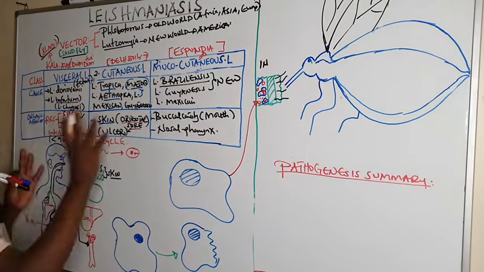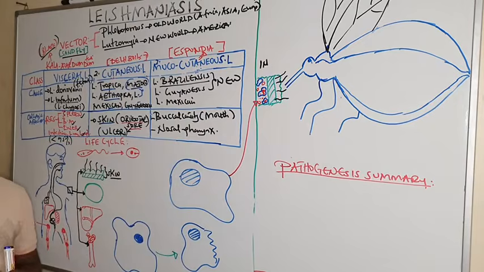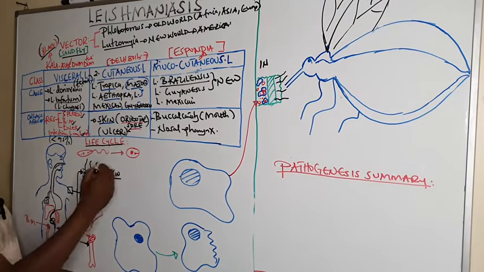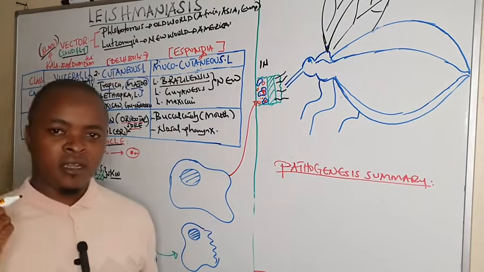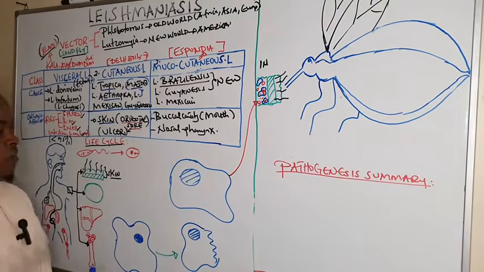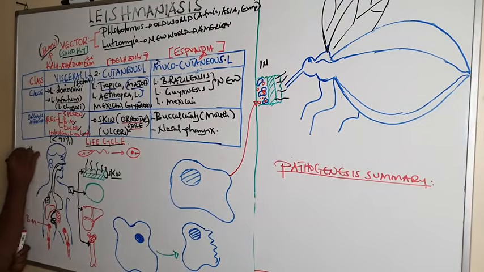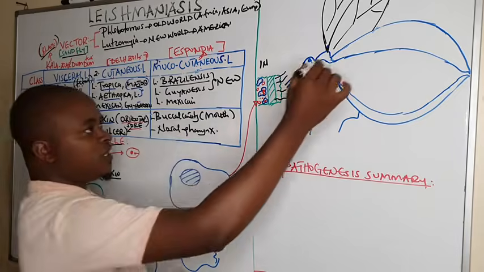So after understanding the classes, the causes, plus the organs most affected by different species, now let us dive into what we call the life cycle. For the life cycle, we are going to give a general account, but we shall see how different classes affect different organs in the body. The life cycle occurs in man, whereby man acts as the host after the sandfly.